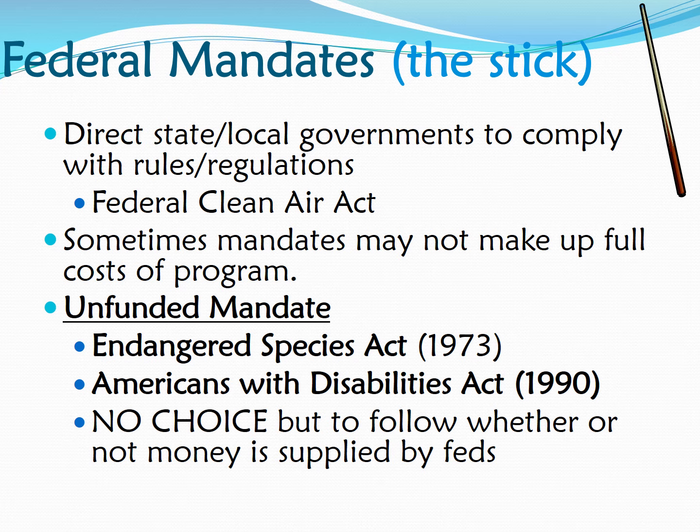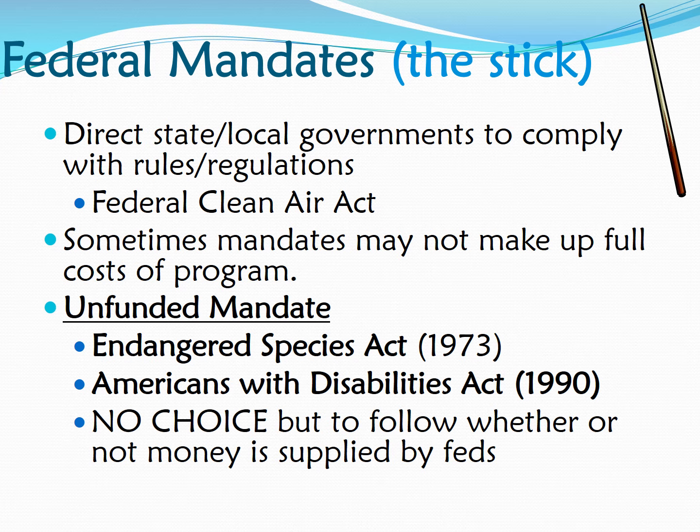You can think of the states as animals, and the federal government is the animal trainer. And you'll figure out why I'm going with this analogy in just a moment. Animal trainers have one of two ways to get the animals to perform the tricks that they want them to.